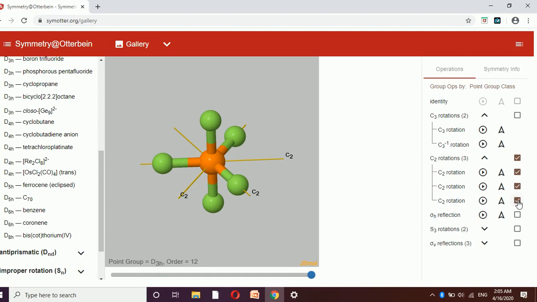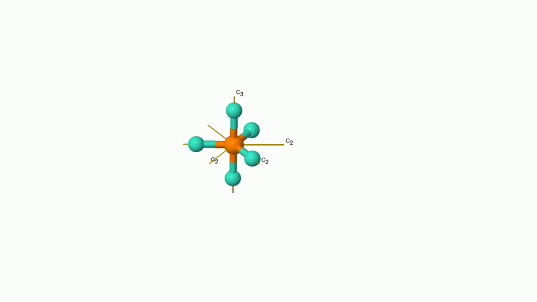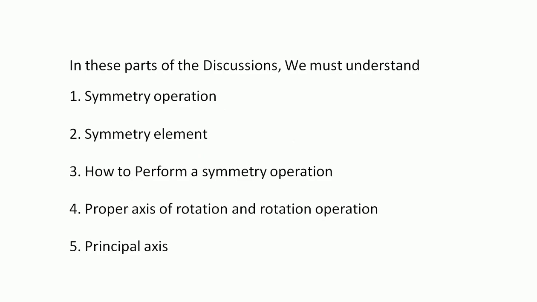You have three C2 and a C3 and C3 inverse. So that's about the rotation operation, and I hope from all these discussions you understand what a symmetry operation is, what a symmetry element is, and how to perform a symmetry operation, and proper axis of rotation and rotation operation.